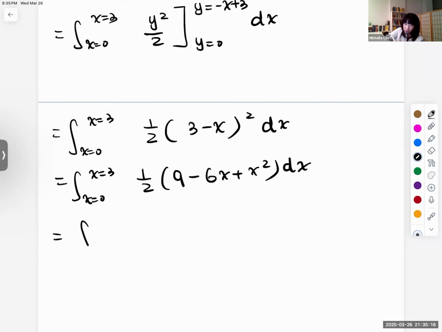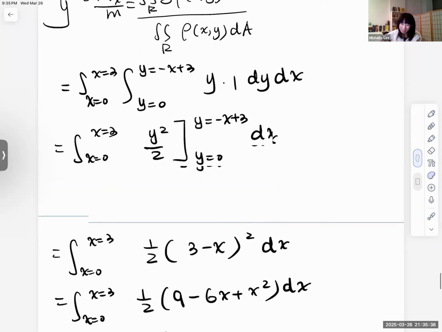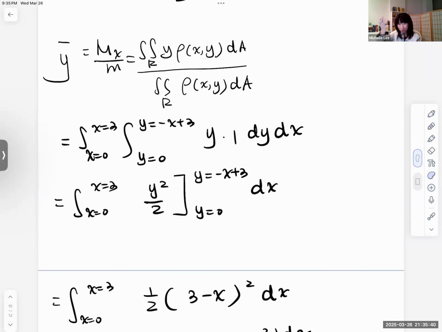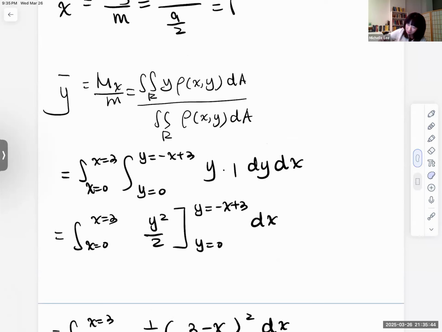And so we have 9 over 2. Let's integrate and do everything together. I said that we should do the numerator and denominator at the same time, but I have not done that. Okay, let me do that.